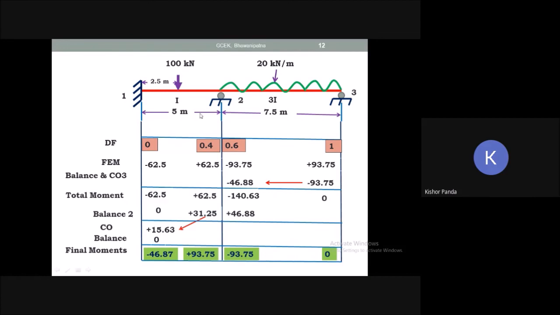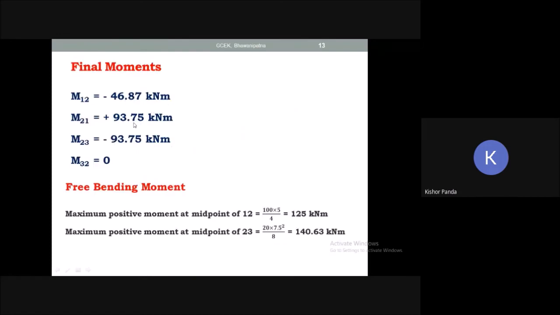Here this is anti-clockwise, and here you got this is positive and this is clockwise, and here this is negative, this is anti-clockwise, and here this is 0. These are the moments. M12 is minus 46.87 kilonewton meter, M21 plus 93.75 kilonewton meter, M23 minus 93.75 kilonewton meter, M32 is 0.